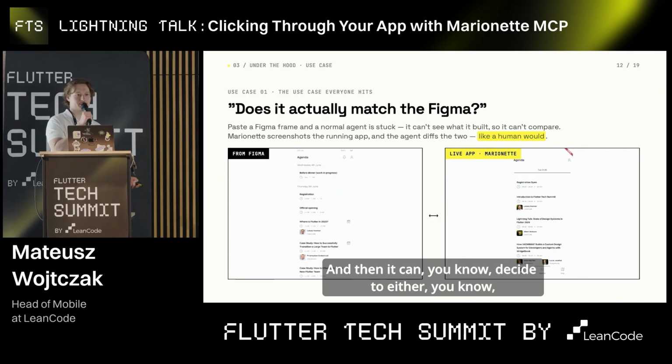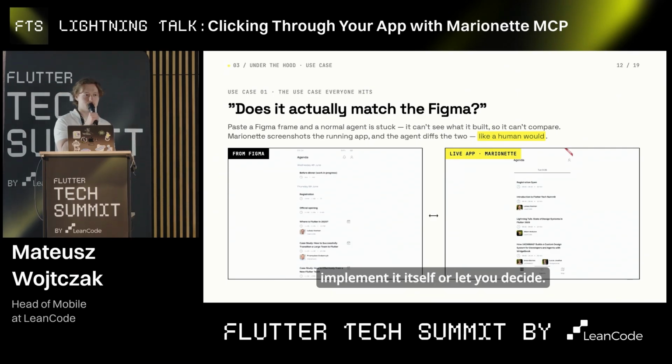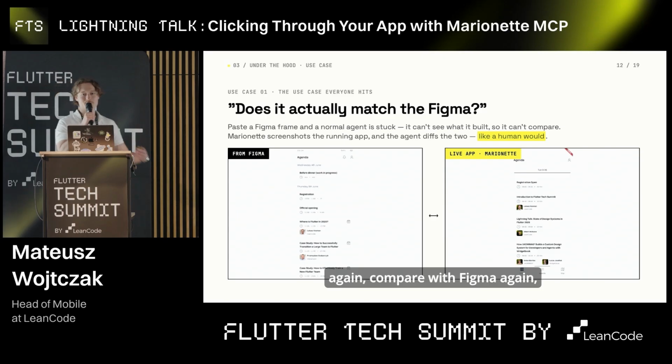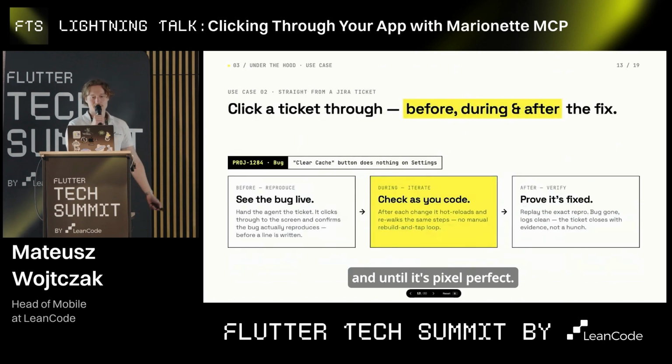And then it can decide to either implement it itself or let you decide. But if you tell it just do it until it's the same, it will literally craft, take screenshots again, compare with Figma again, list the discrepancies again, until it's pixel perfect.